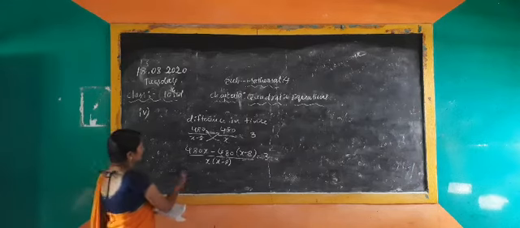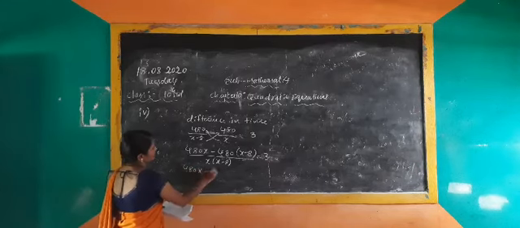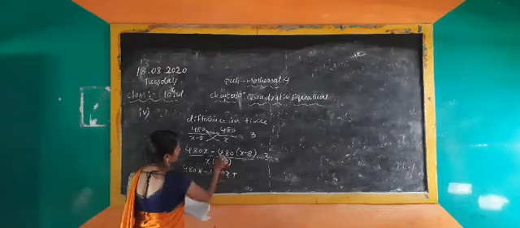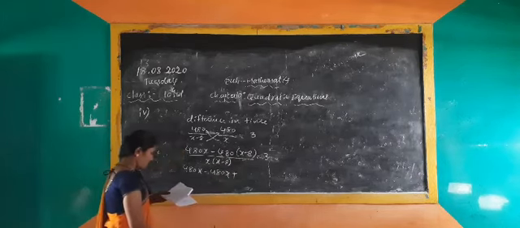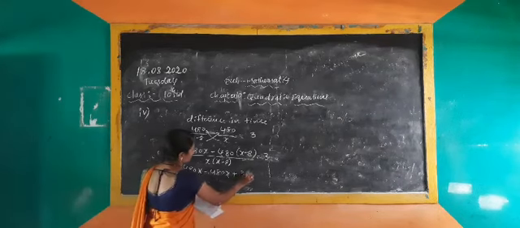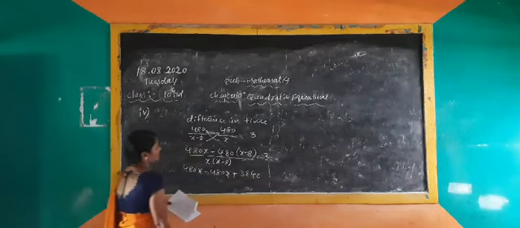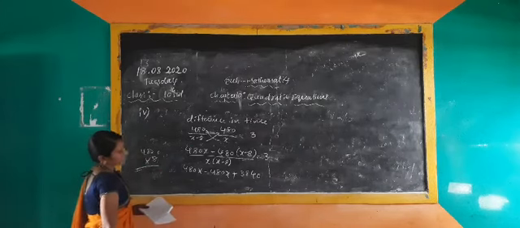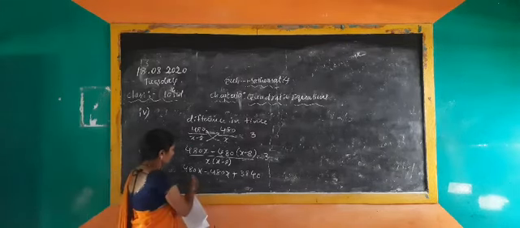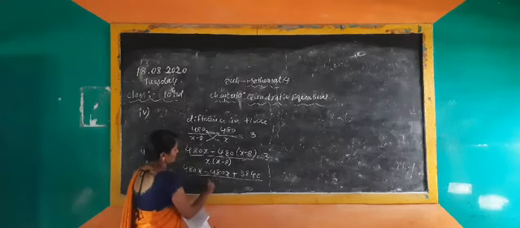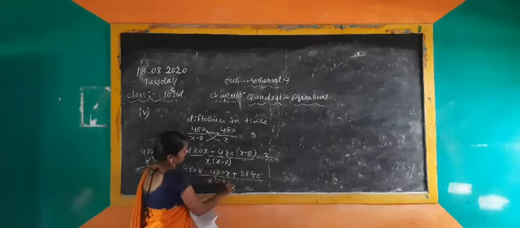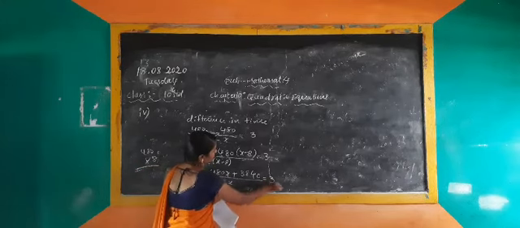Next solve. 480x minus 480 into x, minus into minus plus, 480 into 8 you have to multiply. 3840 you will get. Otherwise you do 480 into 8, you will get the answer 3840. Whole divided by x into x, x square minus 8x, is equal to 3.